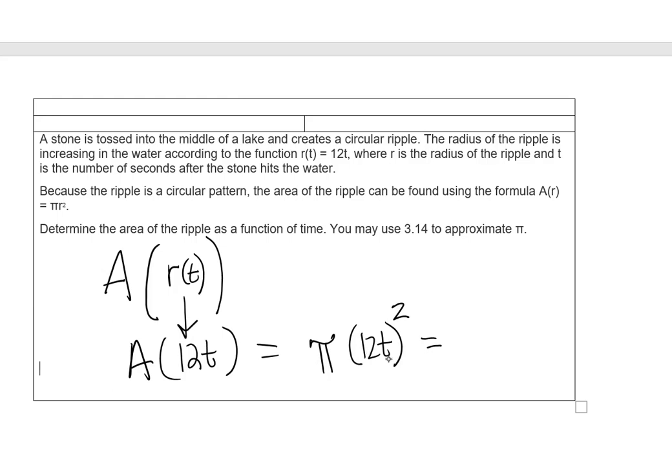And that's going to give me 12 squared times T squared, which is 144 T squared times pi. I could then take it a step further if I wanted to multiply by 3.14 and do 144 times 3.14 and get an approximate value and still be in terms of time.